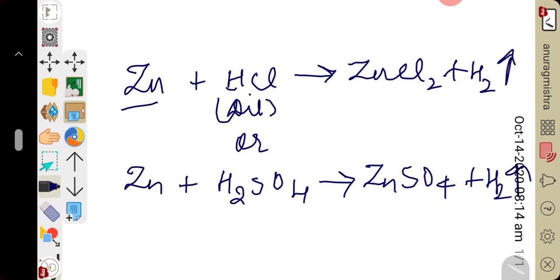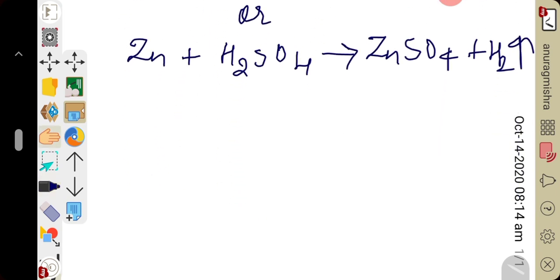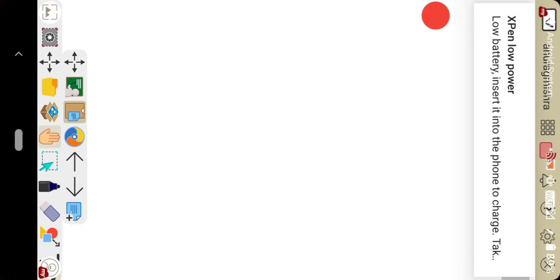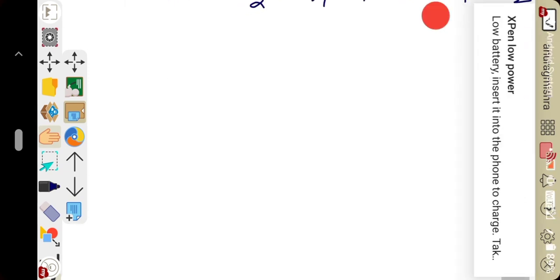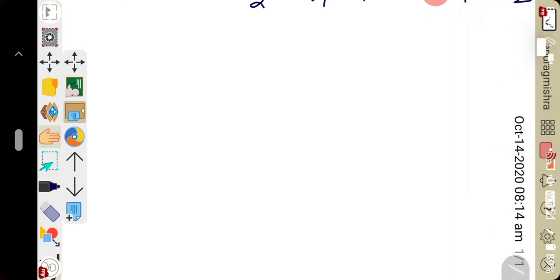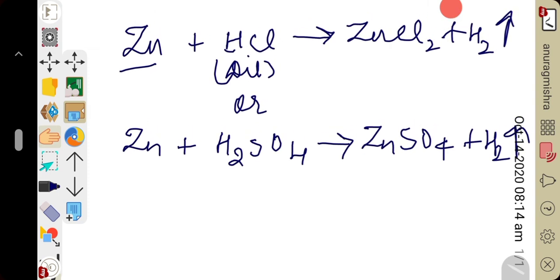Collection of gas, I told you. After collection of gas, whatever hydrogen gas you get is not pure hydrogen gas. It contains impurities. These impurities are in the form of hydrogen sulfide, sulfur dioxide, oxides of nitrogen, phosphine PH3, arsine, arsenic trihydride AsH3, carbon dioxide, and water vapor.